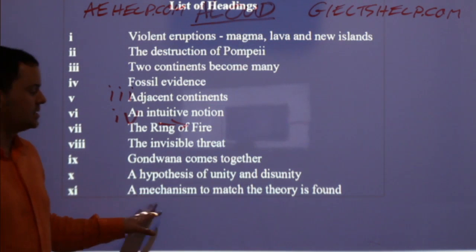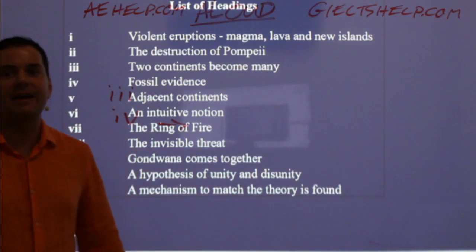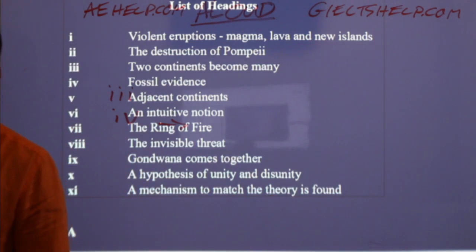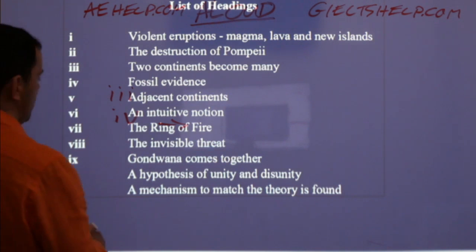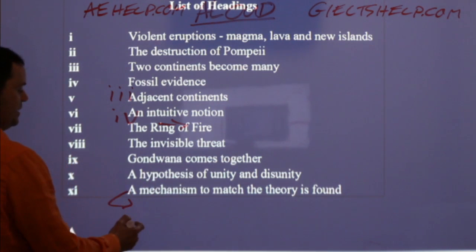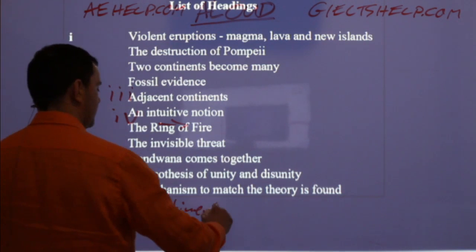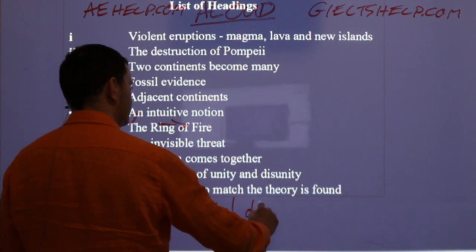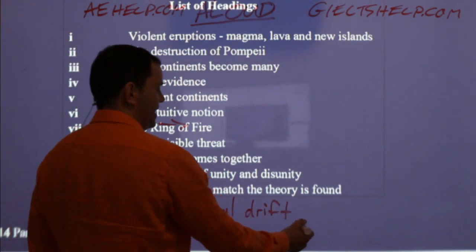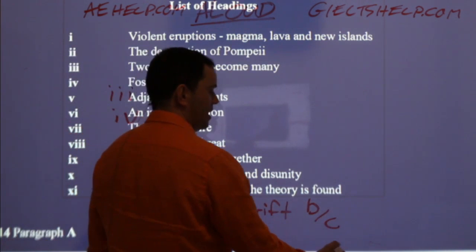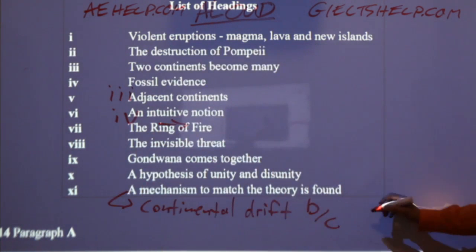A mechanism to match the theory is found. So a procedure or a process to match the theory of continental drift. Absolutely. If you are a clever reader, you will see that this means that continental drift is because of plate tectonics.